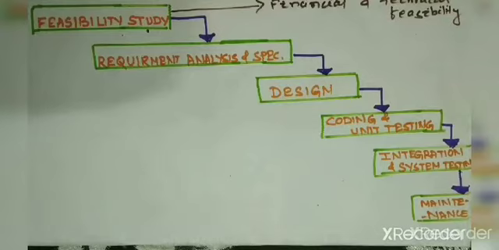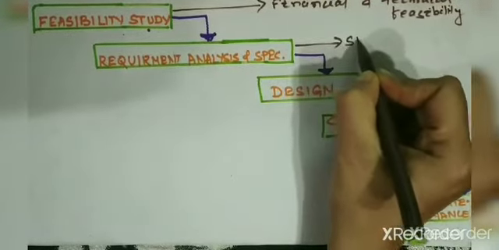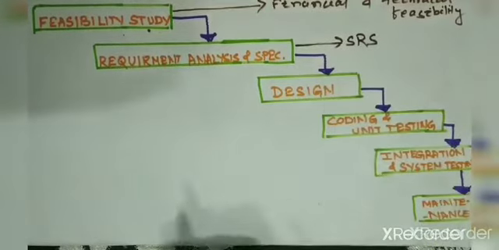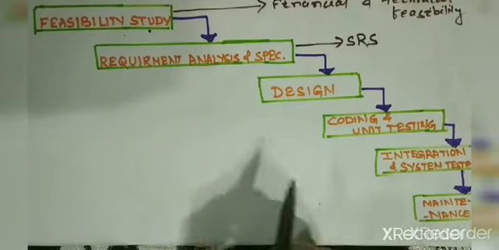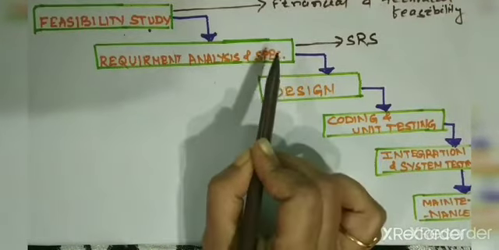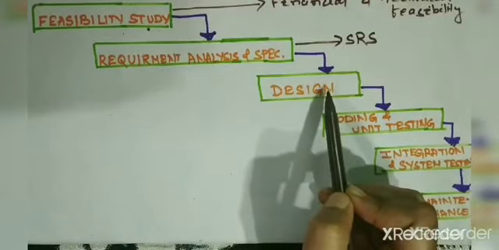Then the developer analyzes the requirements, removes the ambiguity, removes the contradiction, and writes it down in a document known as the SRS document. SRS means software requirement specification. After completion of the SRS document, it will come to the next stage.